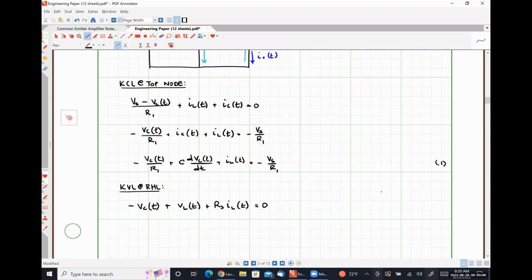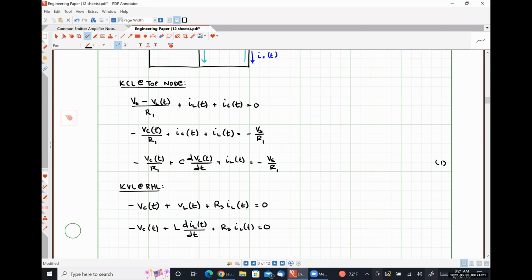I can then express VL of t in terms of my inductor current. So that's going to look like negative VC of t plus L dIL by dt plus R3 times IL of t is equal to 0.